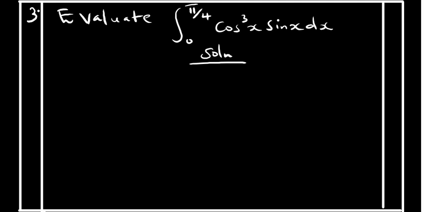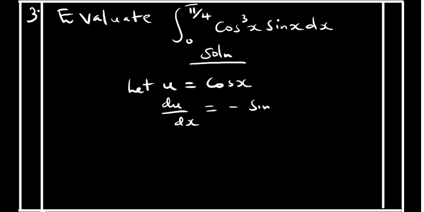So we will prefer this term that has a power of 3. But we shall only let u be cos of x. So that now when we differentiate it, du by dx becomes negative sine x. Automatically we make dx the subject, so it becomes du out of negative sine of x.